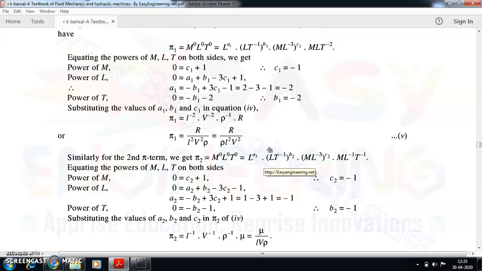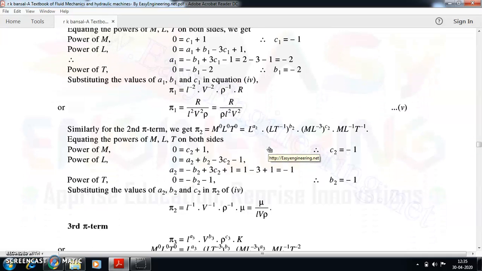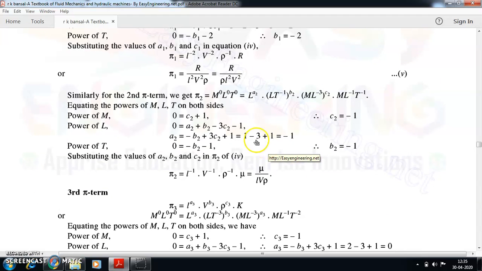Similarly, now take the pi 2 term and repeat the same steps. Pi 2 is also dimensionless, so M0 L0 T0, L to the power a2, LT minus 1 to the power b2 for velocity, density ML minus 3 to the power c2, and for viscosity mu, ML minus 1 T minus 1. Equate the powers of M, L and T, working the same way as for the previous one.